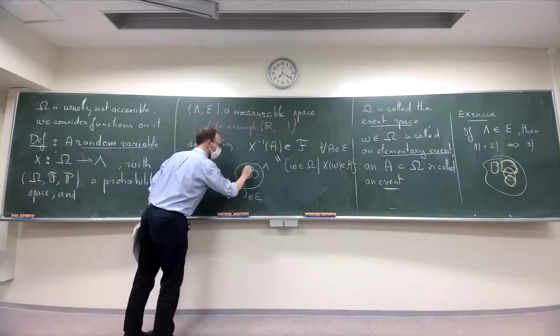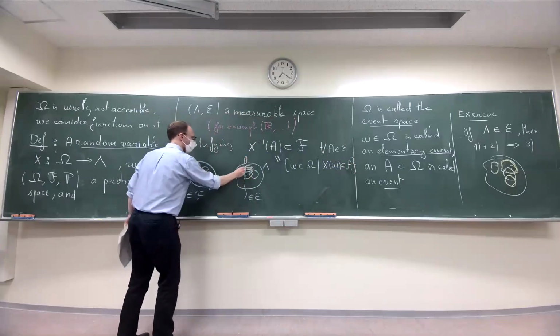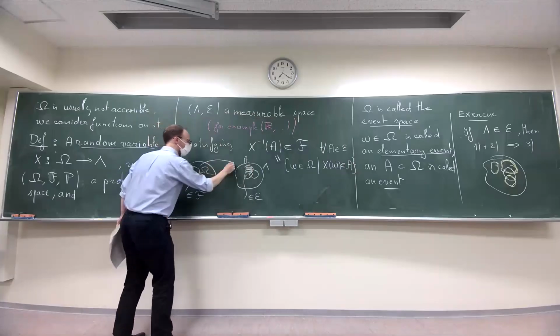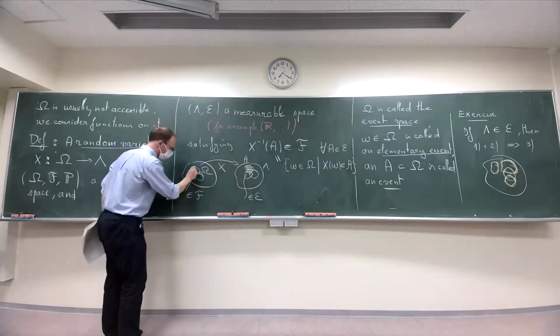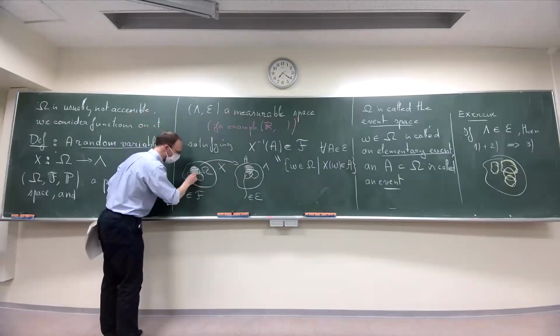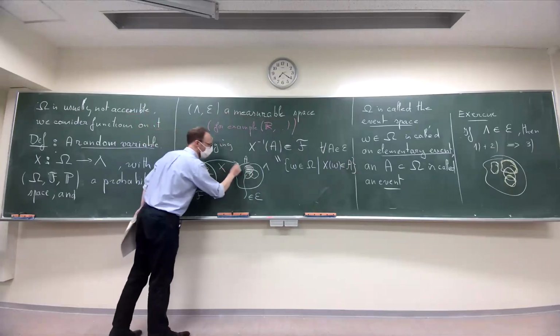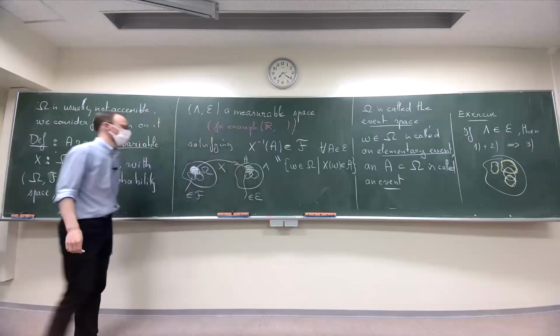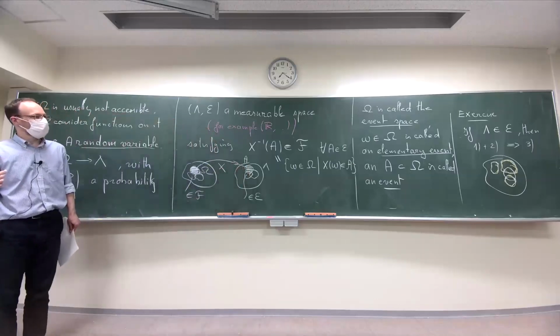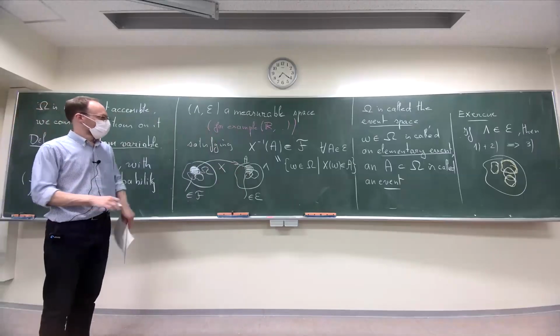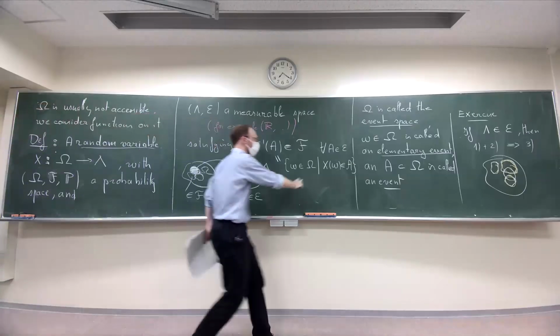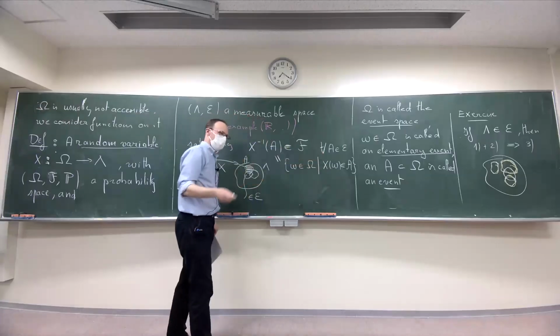This is one A. Look at this function capital X. Look at the set here, which is sent on this one. Will that be A in lambda, not in omega? I was very confused about that. No, A is in omega. No.